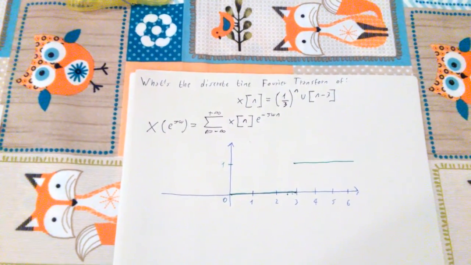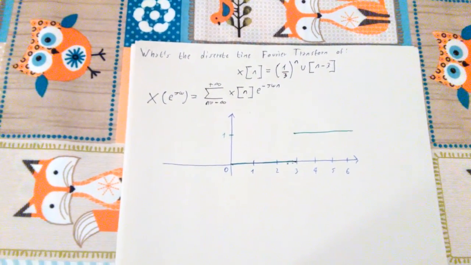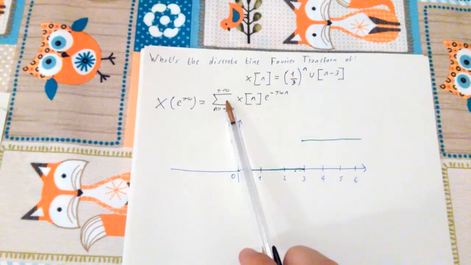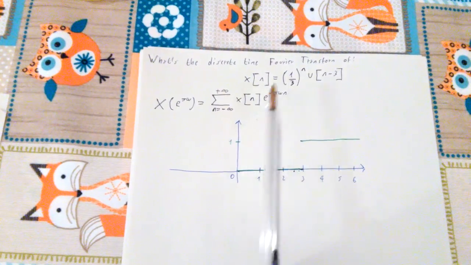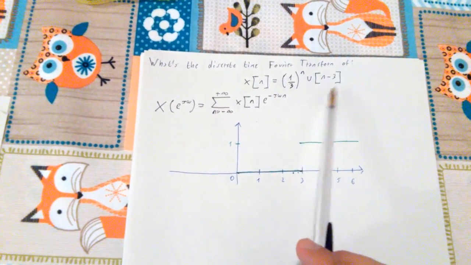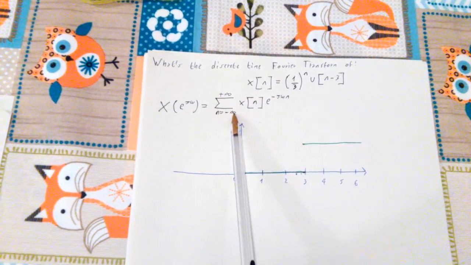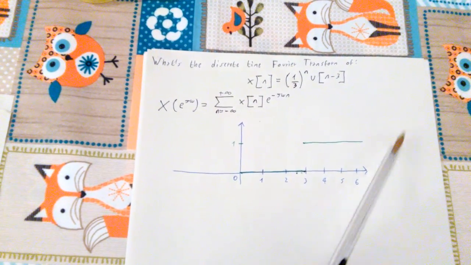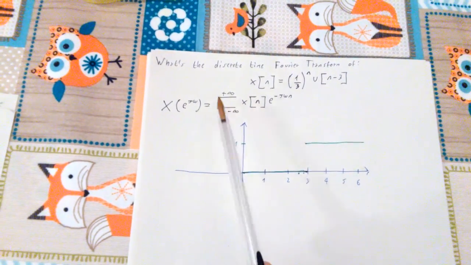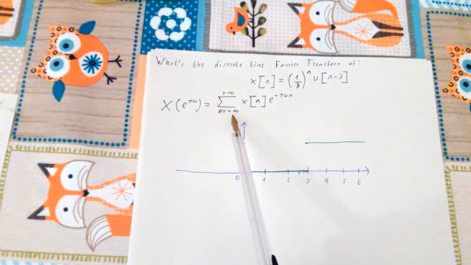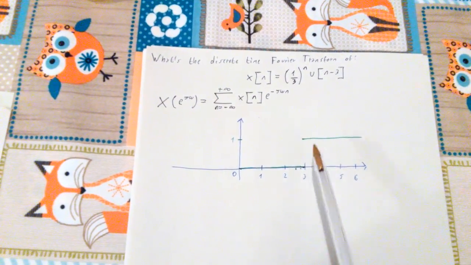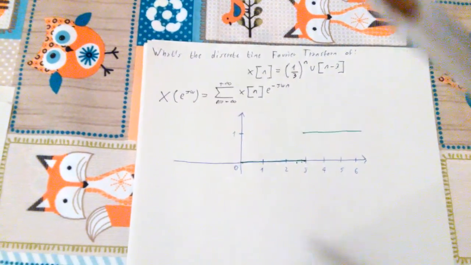So what it means for us is that just like when we wrote this sum and replaced the u of n with n that goes from 0 all the way to infinity, from here, since we're jumping to 1 at 3, we're going to have n that goes from 3 to positive infinity, because we're jumping here, not here.